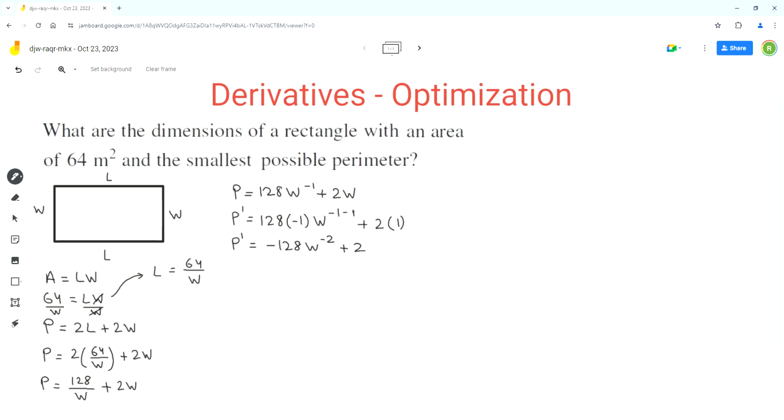Now we can set the derivative equal to 0. Now we can solve for W by moving the fraction -128 over W squared to the left side, and that will make the fraction positive. Now we can cross multiply the denominator W squared.